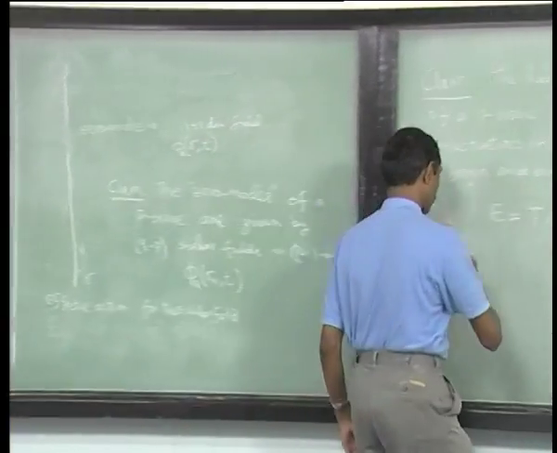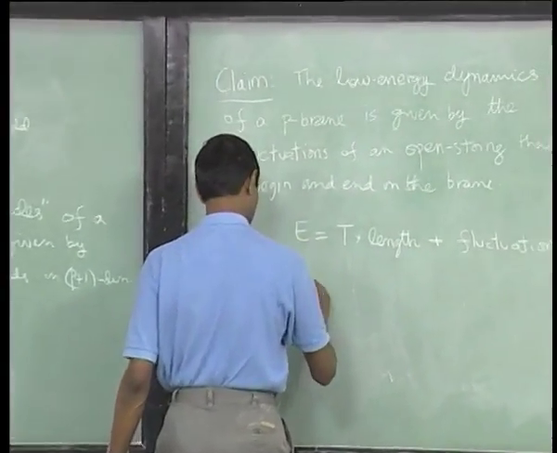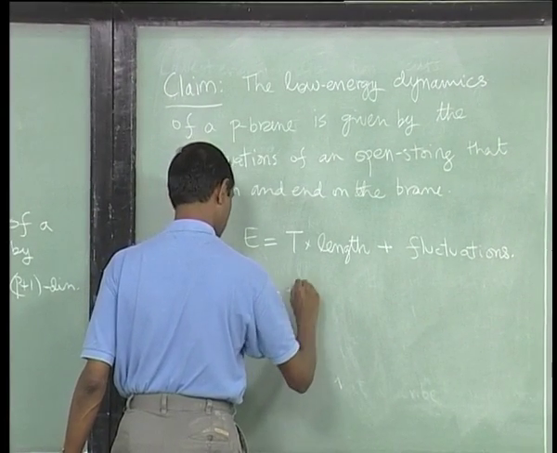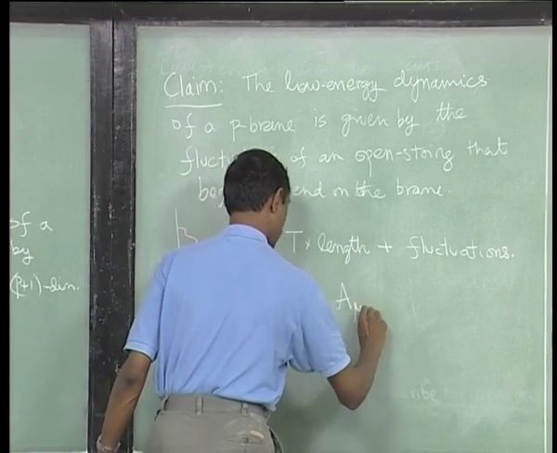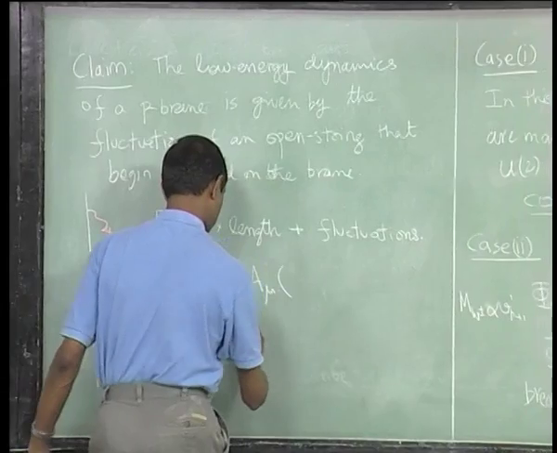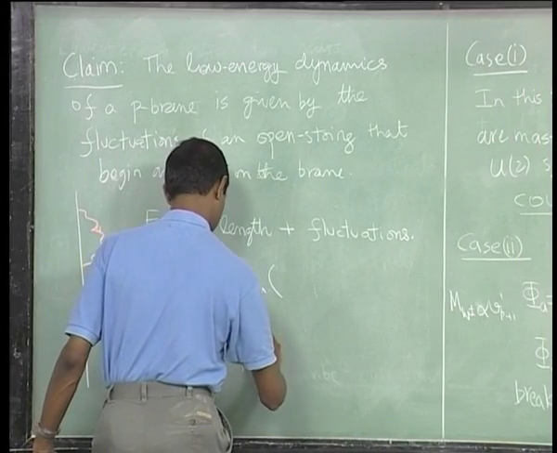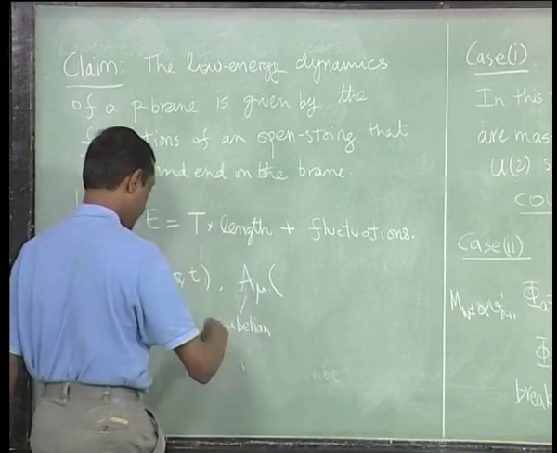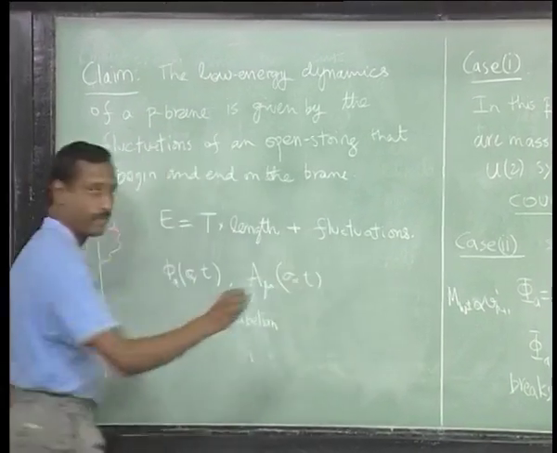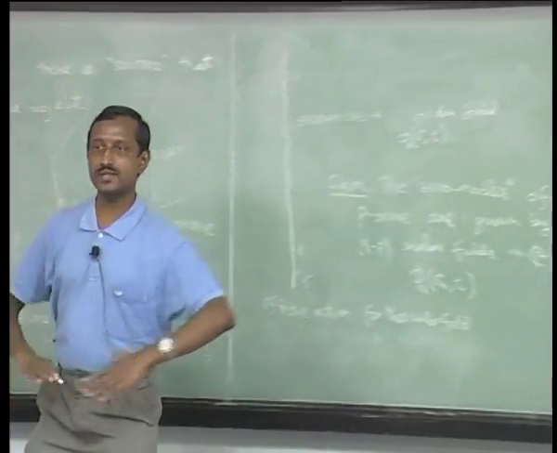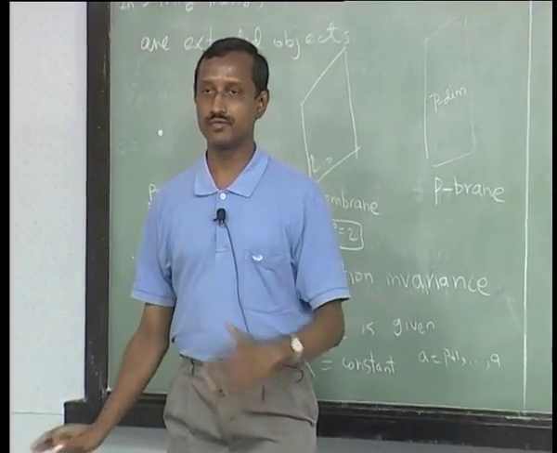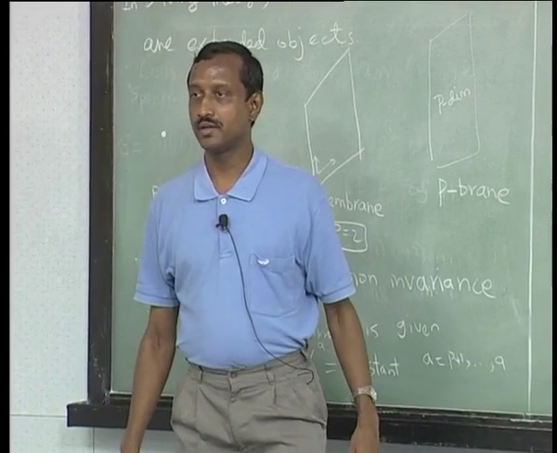So what you find is that there is phi a, using the same notation, as a function of sigma alpha and t, but there is also a gauge field A mu, an abelian gauge field. This is a very important step, it gives you a completely different field theory than you would have had.